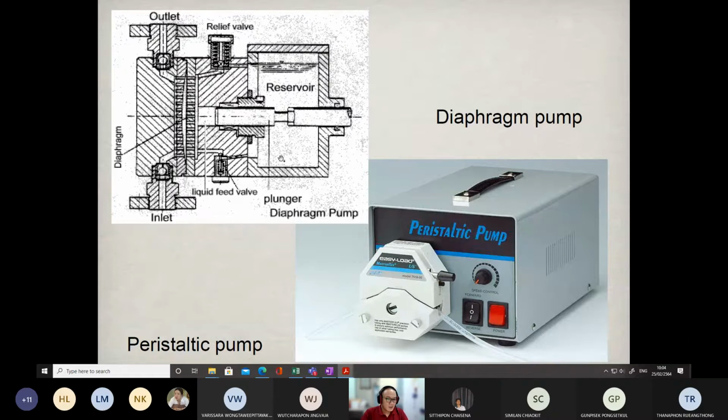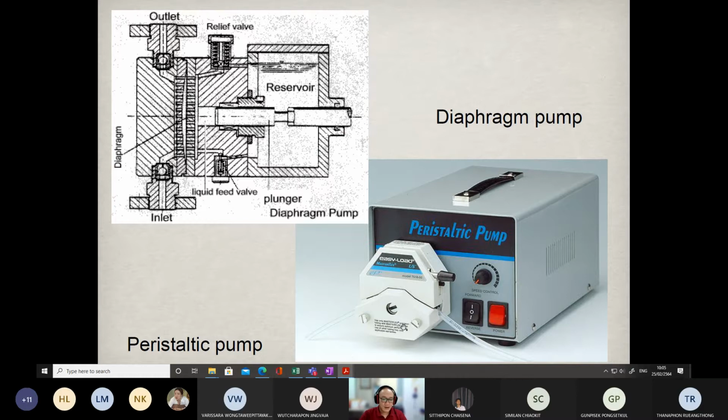These pumps can be located just next to the reservoir, or beside the water tanks. But for the peristaltic pump, here is the tube. Normally we use silicone tubes, and this tube is equipped inside what we normally call a pump head. Here there is a shaft that is always rotating, and the tube is pushed inside this pump head.